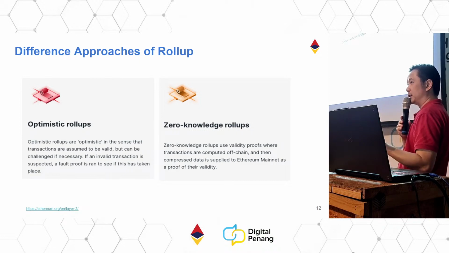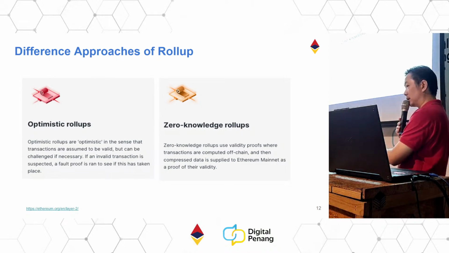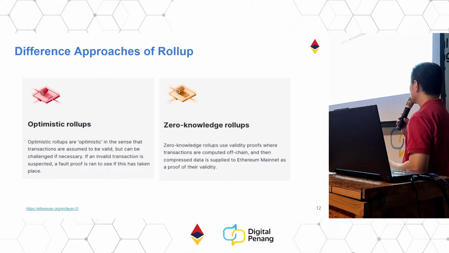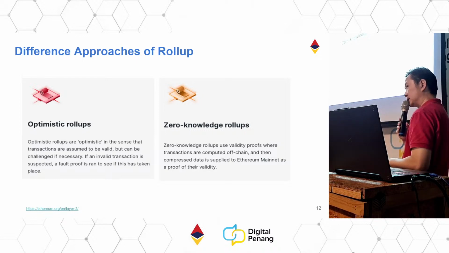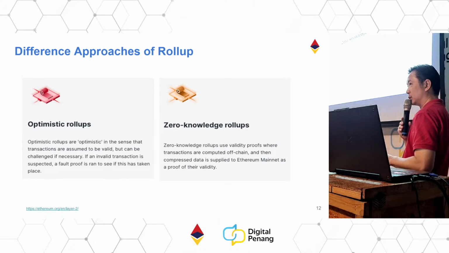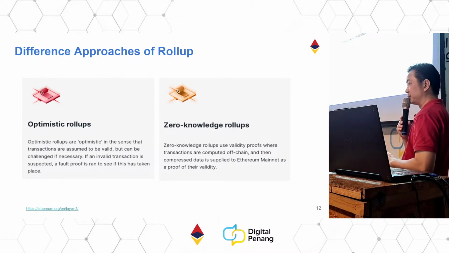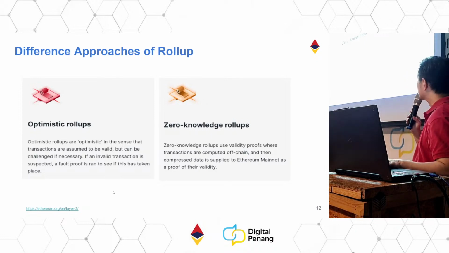That proof can be sent over to Ethereum layer 1 and verified by a smart contract in layer 1. Because of this zero knowledge proof, the proof size is very small and the verification time is very short, so it is very suitable to be used in this particular scenario, right? I will get into a little bit more detail later.